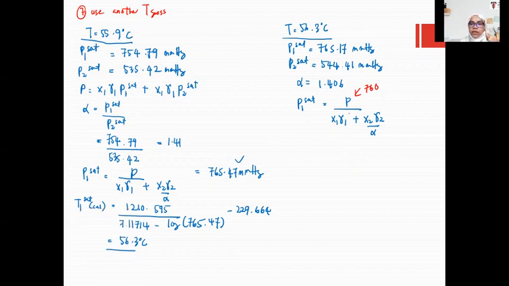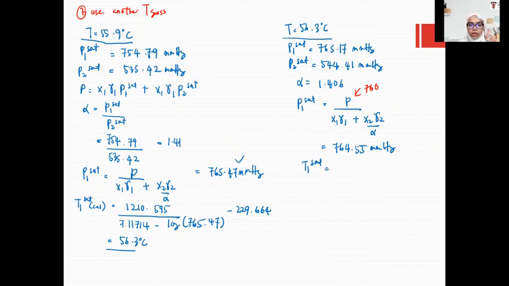So by inserting this value of pressure, you can get the value of P1 saturation, which is 764.55 millimeter of mercury.